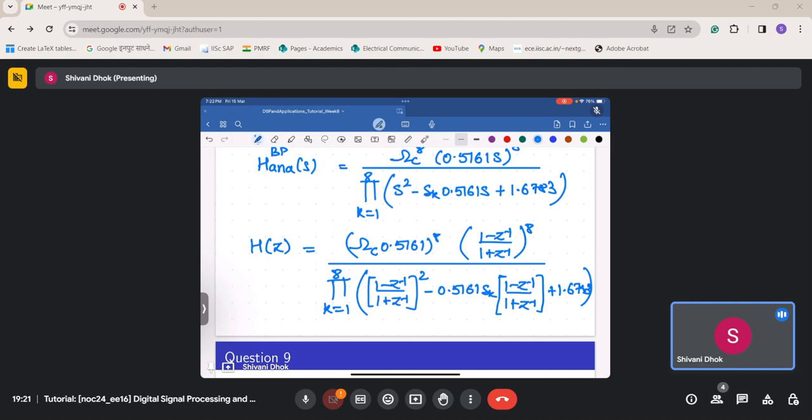So if you simplify this, you will get the final answer for this question.